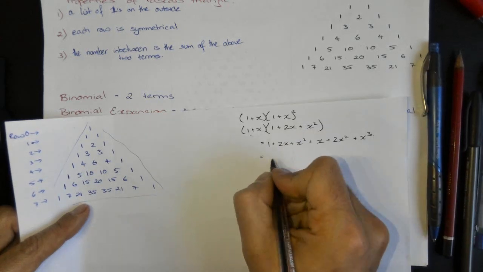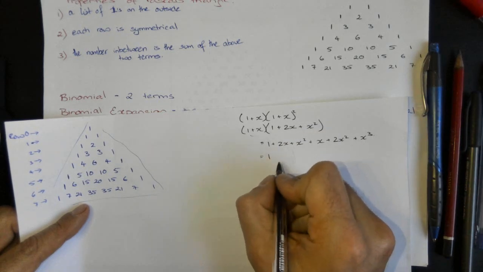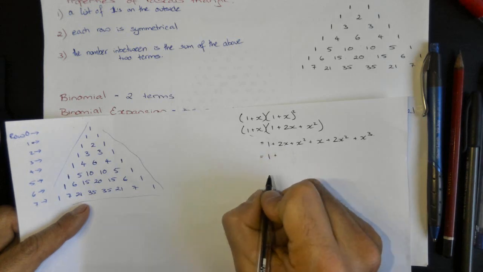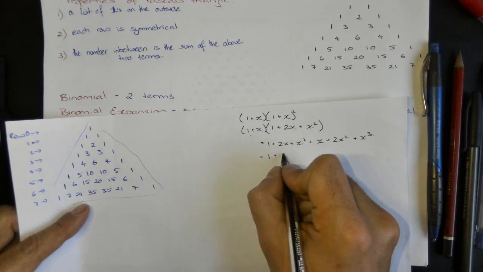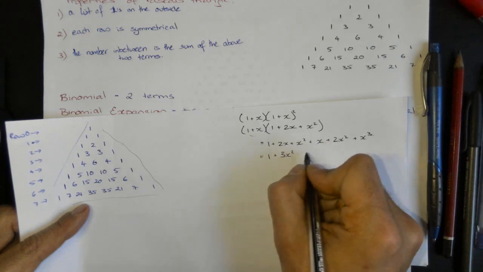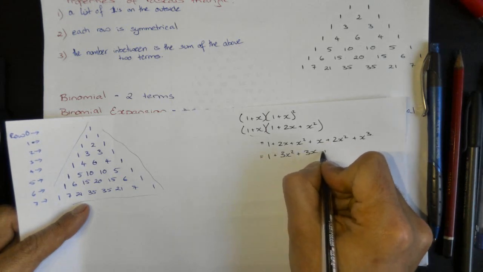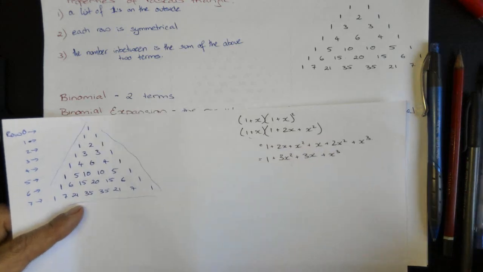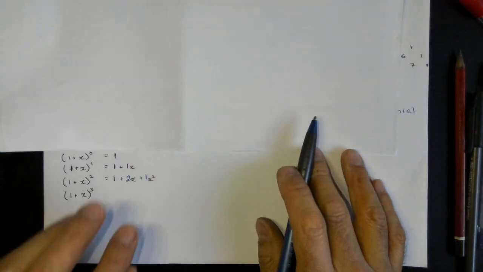Now let's collect like terms. We've got 1 plus 3x, those two plus those two, plus 3x squared plus x cubed. So I can write that solution down.